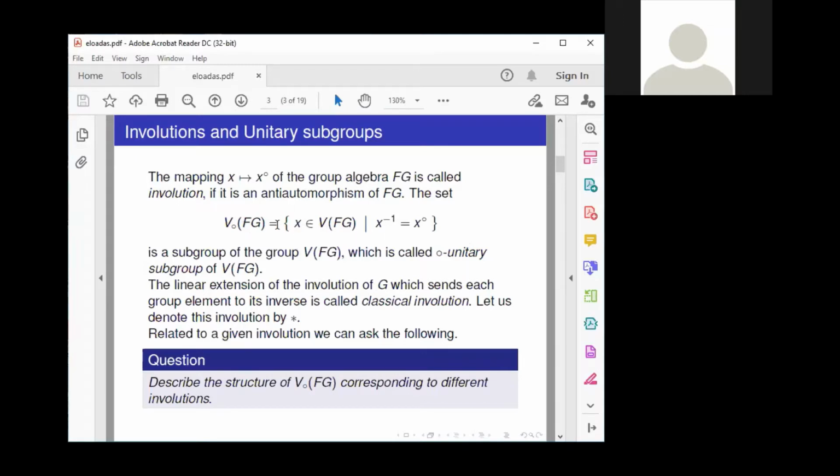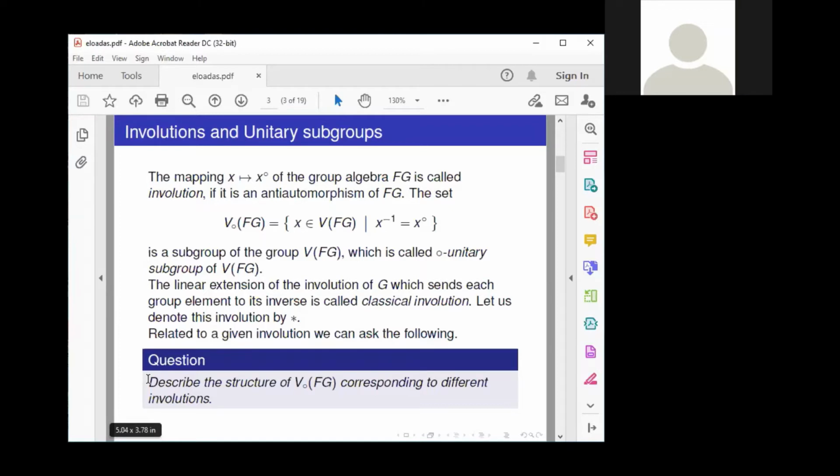This notation was introduced by Novikov, and the linear extension of the involution of G, which sends each group element to its inverse, is called the classical involution. So it's a special kind of involution. It will be denoted by circle. So this will be the circle involution.